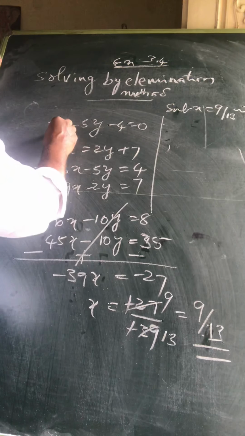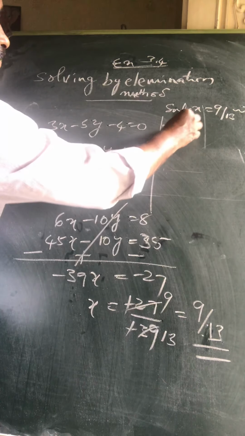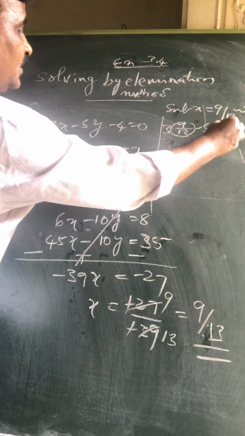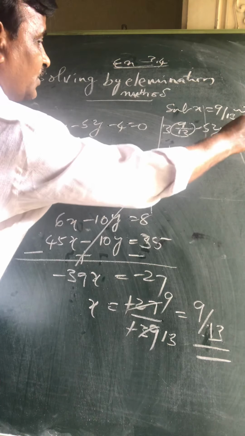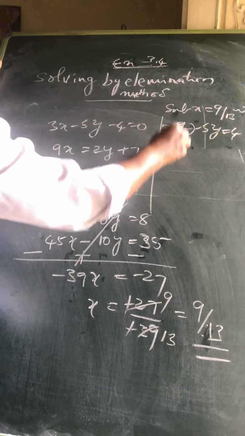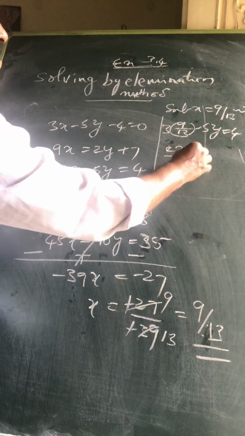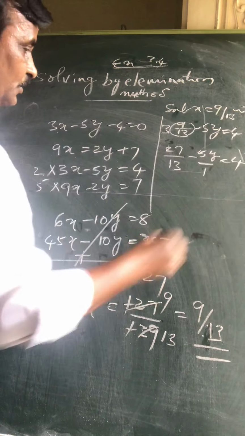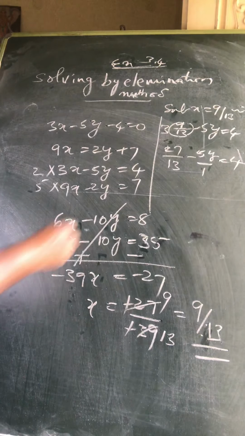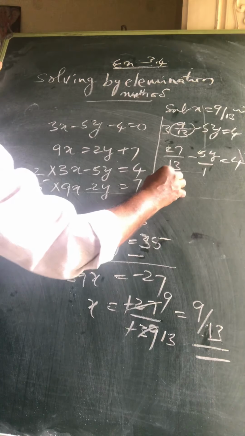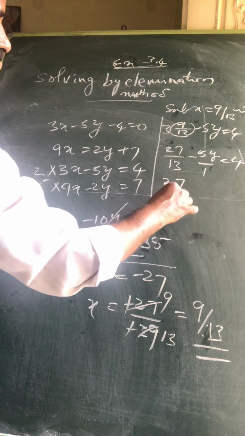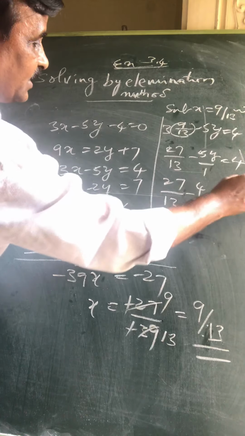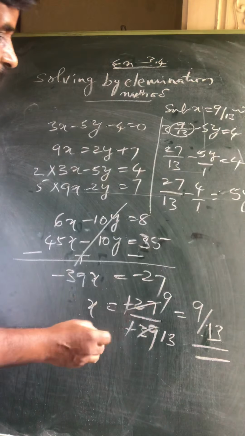Right here in equation 1, 3 into 9 by 13 minus 5y is equal to 4. 3 9s are 27 by 13 minus 5y by 1 is equal to 4. Now this you can send to the other side. 27 by 13 minus 4 by 1 is equal to plus 5y.